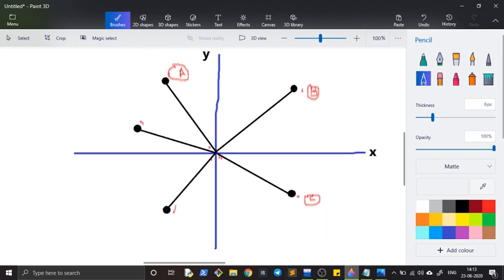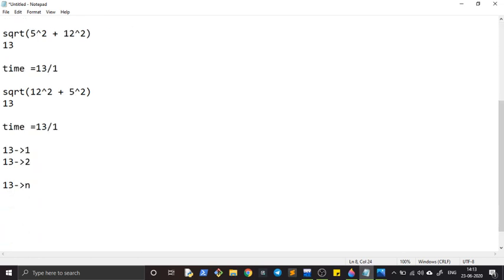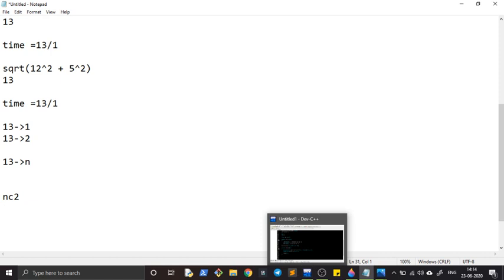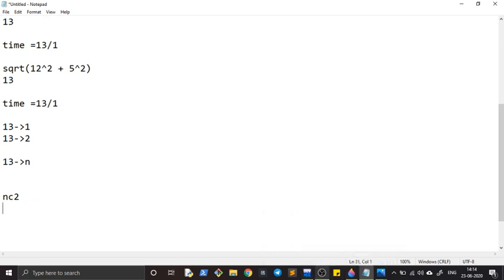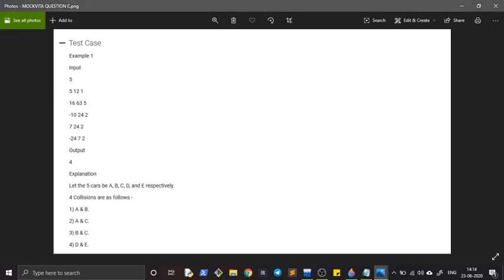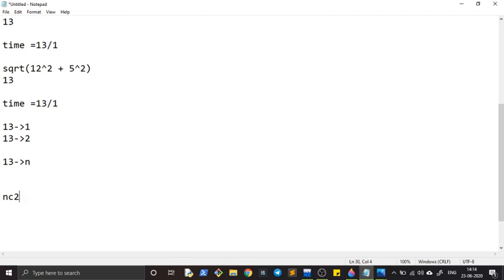So for this we have a formula in maths, a very common formula, which is nC2, which is generally n factorial by 2 factorial by n minus 2 factorial. But as you can see, n can be very large, and if you use the naive approach of calculating the factorial, it will give us a runtime error, so we can't do that. So here we will use another formula to reduce this nC2 without using the factorial.